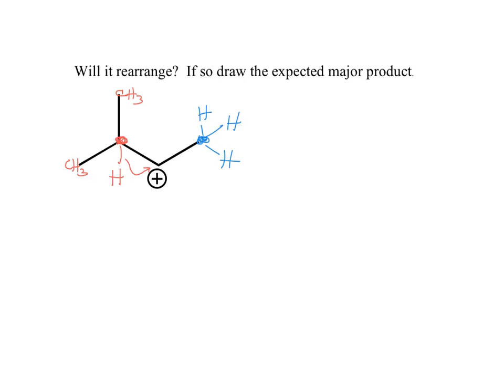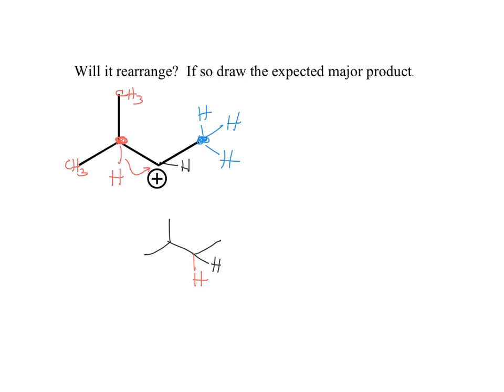what we're going to get is we still have the CH3s on there. We now have the red H attached here. We already had two H's on there. Oops, no, we didn't. We already had one H on there. And so we now have two H's.